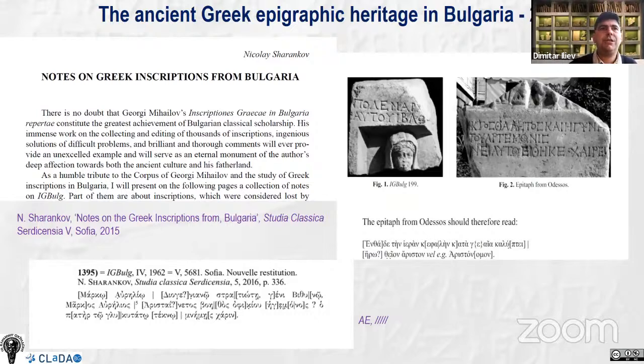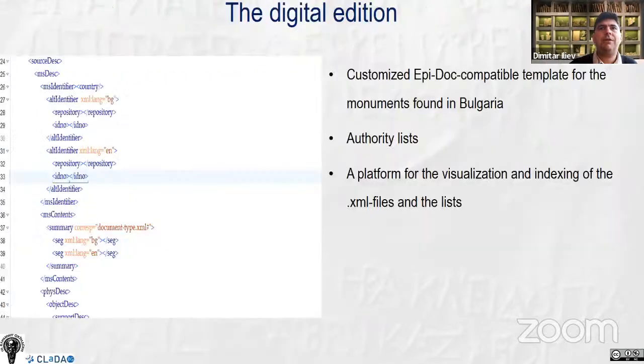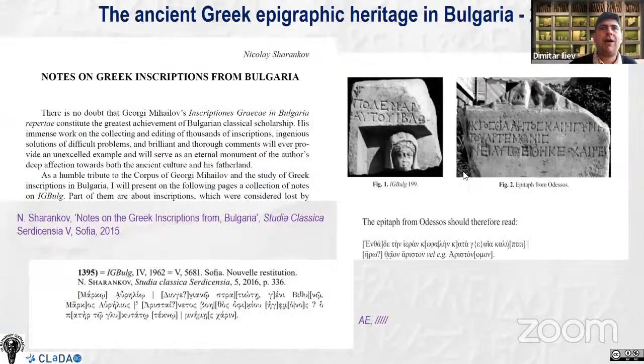So here you can see one snapshot of the revised text of one Greek epitaph from Odessus, and some of these revisions have also found their place in an epigraphic. So an epigraphic is also a good source for revised inscriptions, which originally took their place in Mikhailov's corpus.